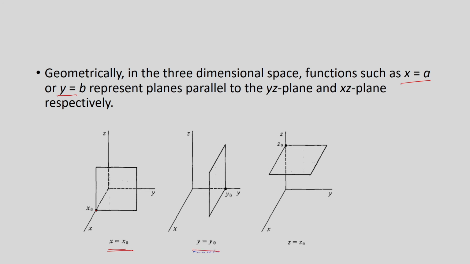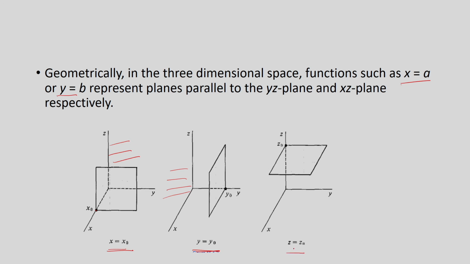Similarly, here you have the value of y fixed, y is equal to y naught. It is also a wall, and it is parallel to what plane? It is parallel to the xz plane, while x is equal to x naught is parallel to the yz plane.